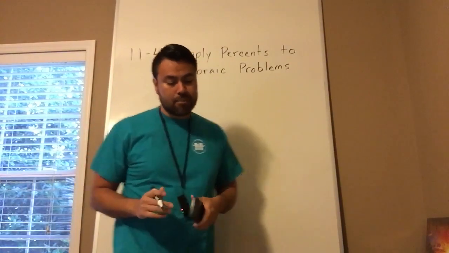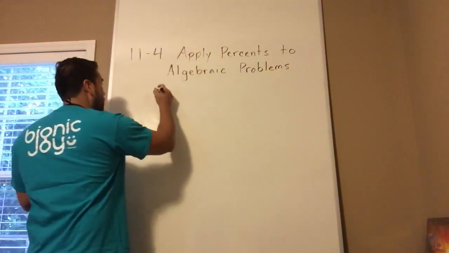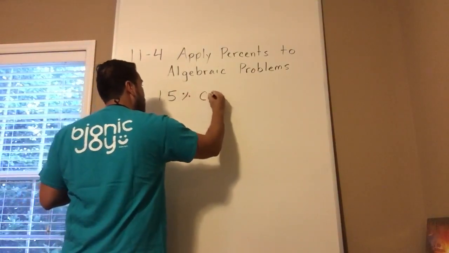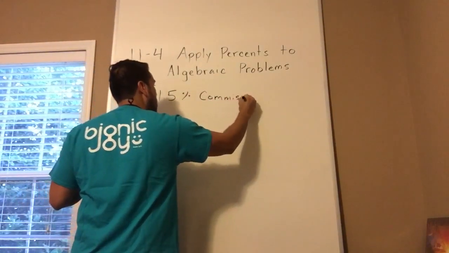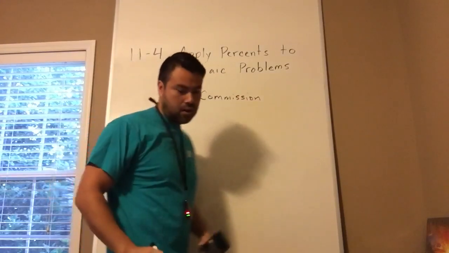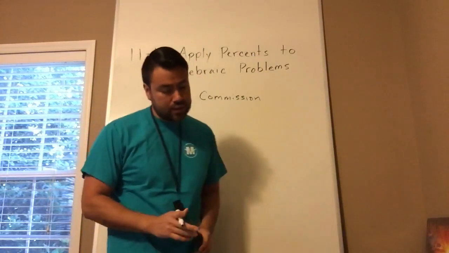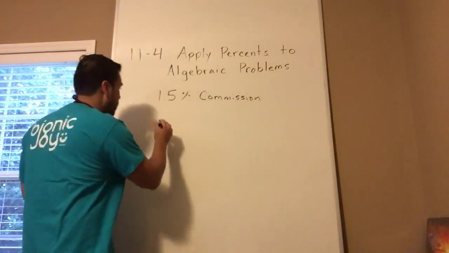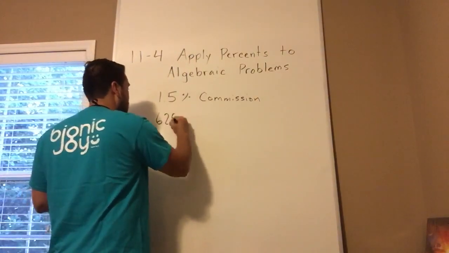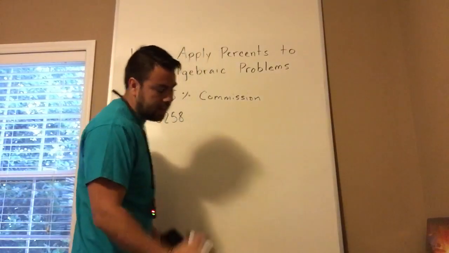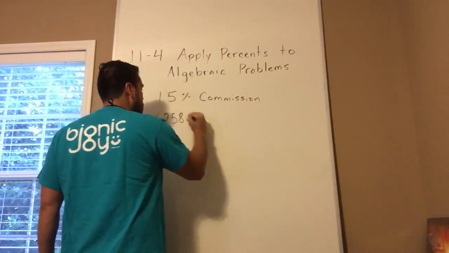Number 5, Megan earns a 1.5% commission on her total sales. One day her total sales were $6,258.95. So that's how much she sold.